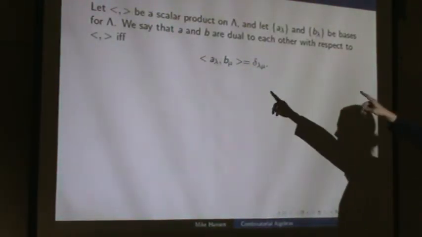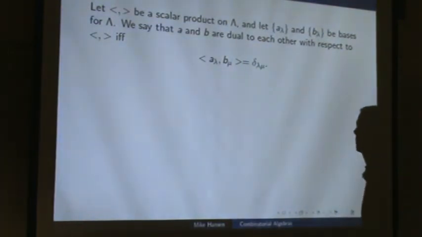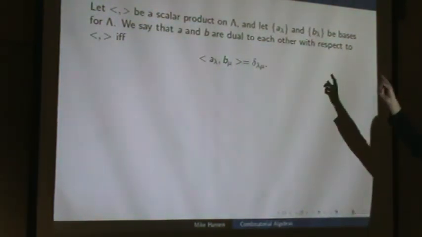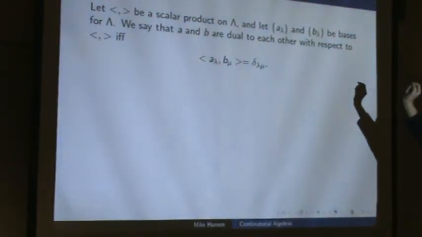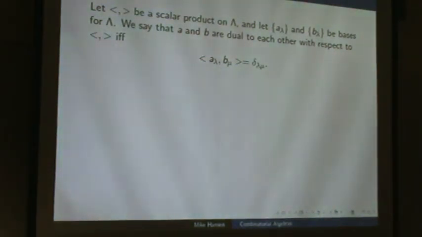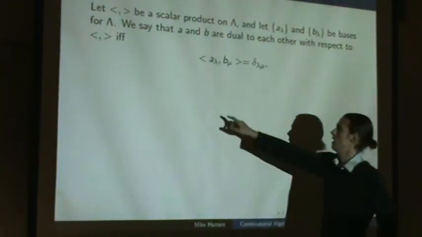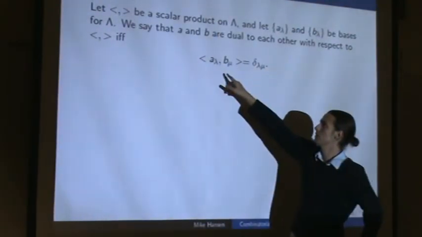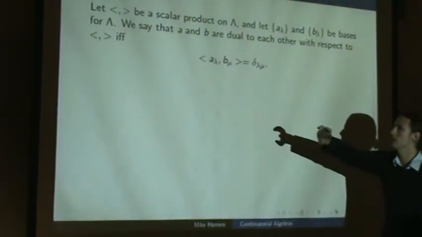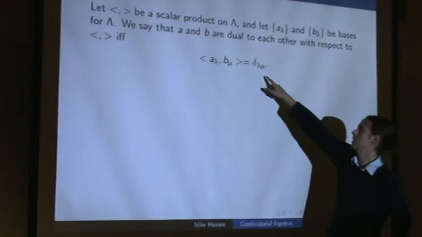So if we have a scalar product on the symmetric function algebra, and we have 2 bases, A and B, we say that these bases are dual bases to each other with respect to a particular scalar product if and only if the scalar product of A lambda and B mu is just delta of lambda and mu.